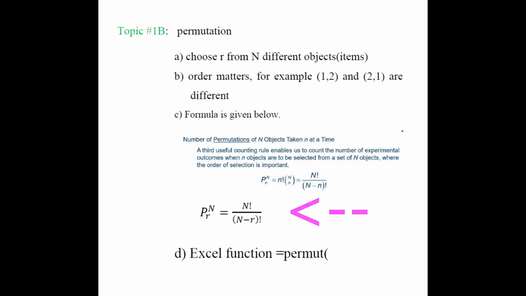The formula from the textbook is given below, but because it uses capital N, lowercase n, I use r. When we calculate different combinations when order matters, for permutation, it is a ratio. The numerator is n factorial. The denominator is n minus r factorial. The Excel function is equals PERMUT.